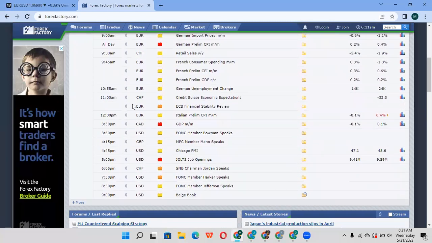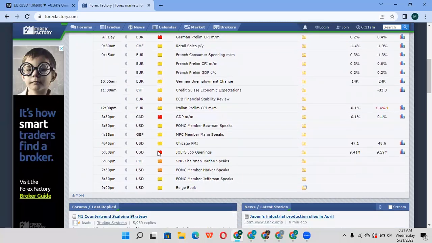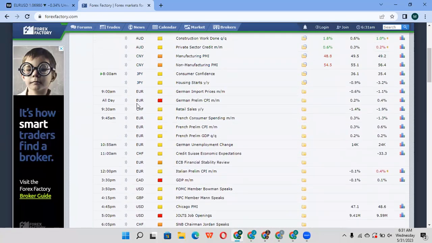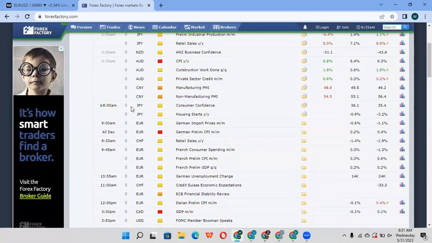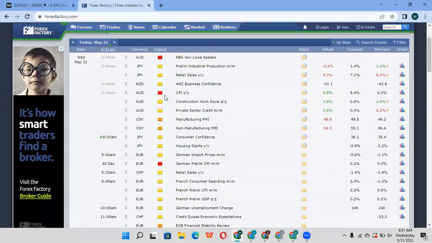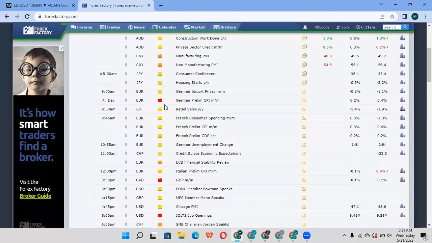I'll first look at what is in the marketplace. At 5, we have some USD news. All day, Euro CPI, we have some CPI on Euro. JPY at 8, we have news, but it will not be a lot. Australian dollar, we have some news. I think these ones have already passed.